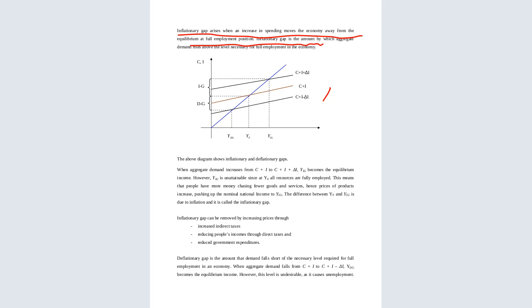At these levels, you can see we have C plus I minus the change in I, C plus I, then C plus I plus the change in I. The change in I in this case is positive here, and the lower part is negative.